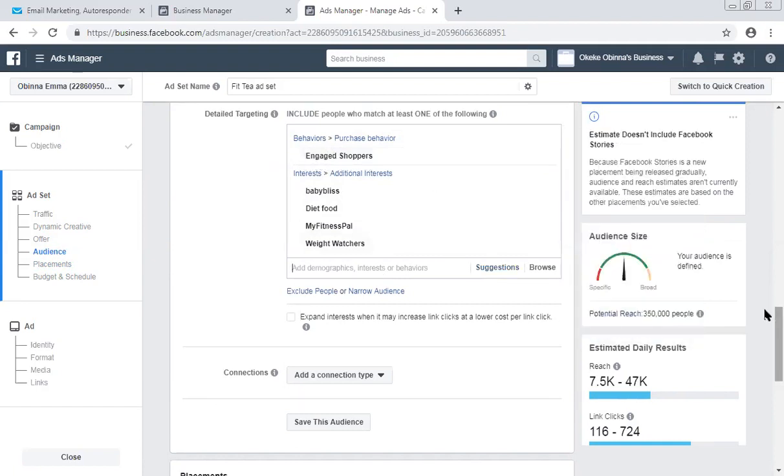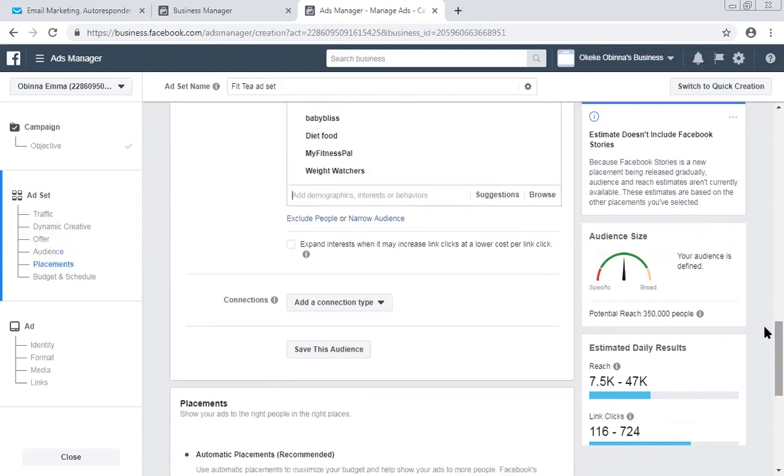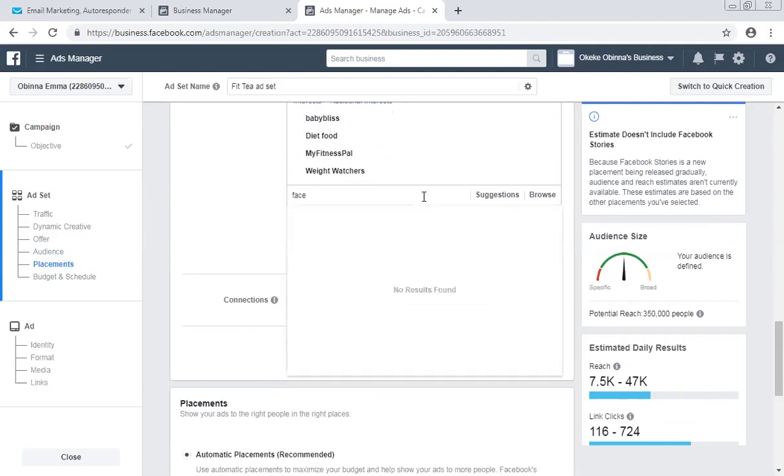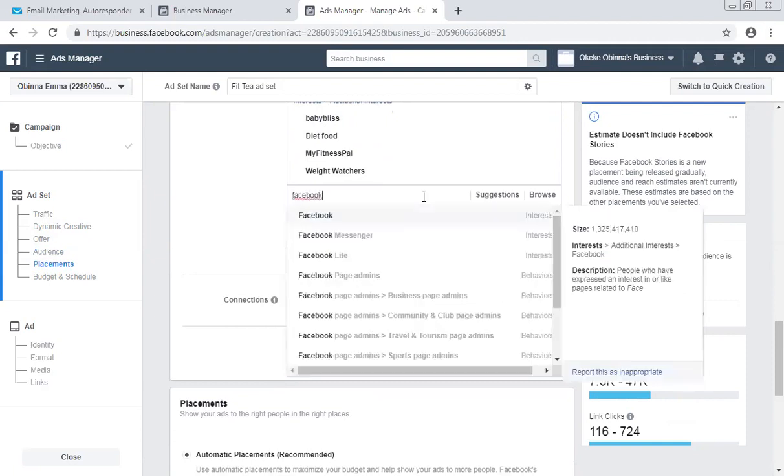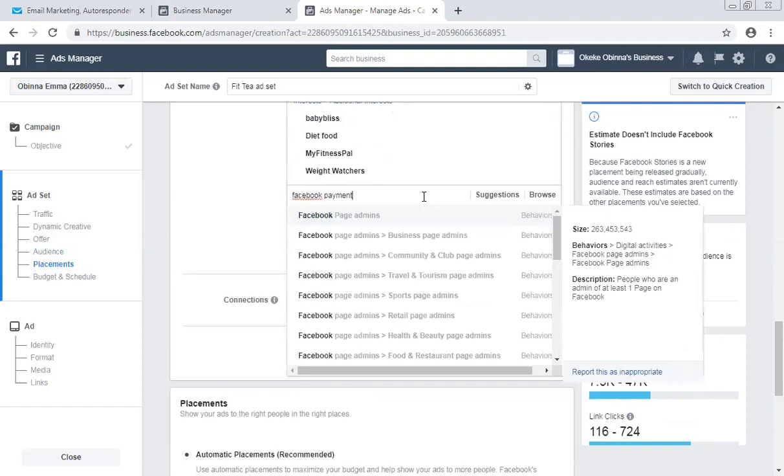Okay. So there are so many things you can do. You can even go as far as targeting Facebook payment users, 30 days. Let me check. Okay, Facebook payment users, 30 days.